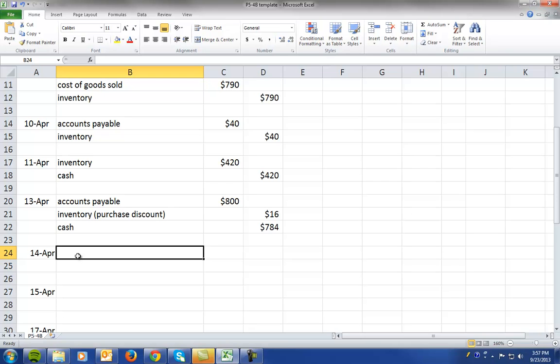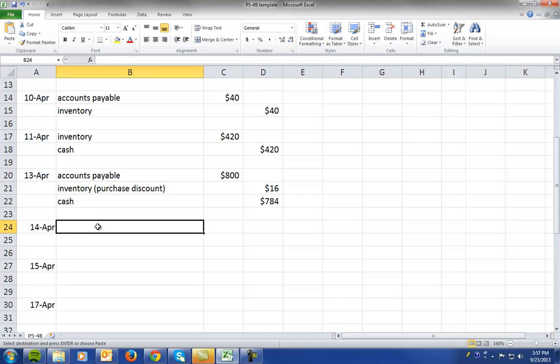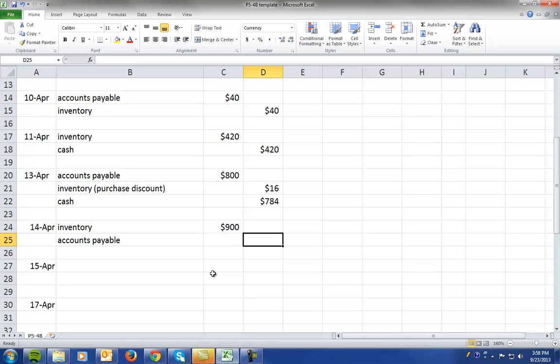Then on the 14th, it said they purchased tennis shirts and shorts for $900. Shipping terms are shipping point, and they get a 3% discount if they pay within 10 days. So here I'll just copy this transaction. Then on the 15th, it says they received a cash refund of $50 from Rupp Sports for damaged merchandise that was returned.